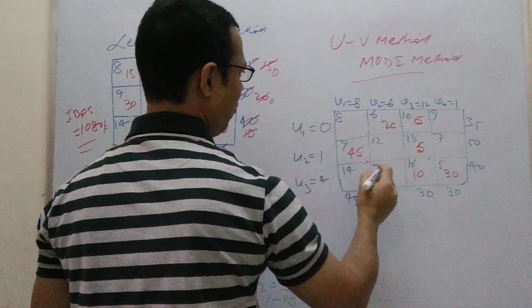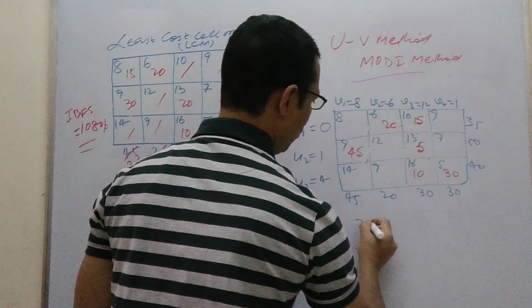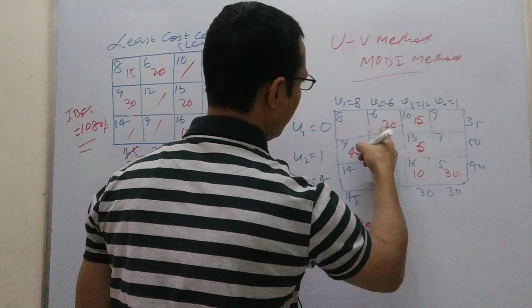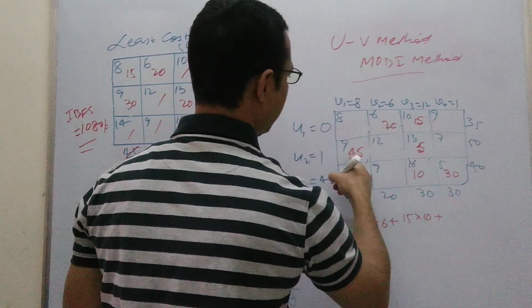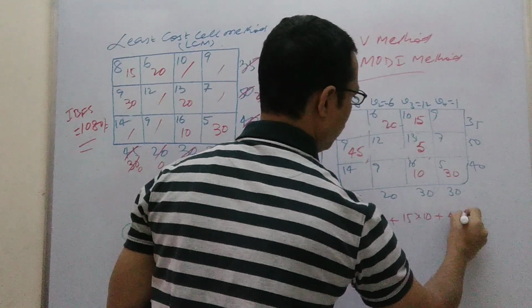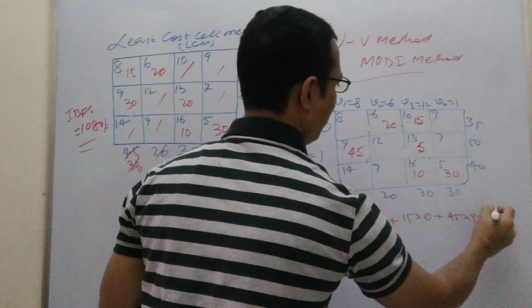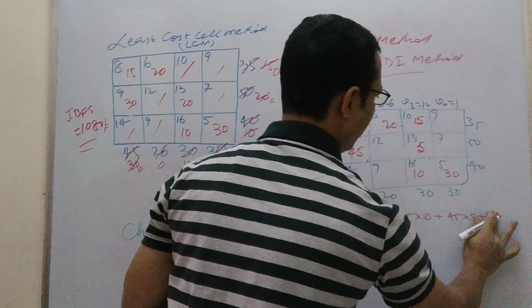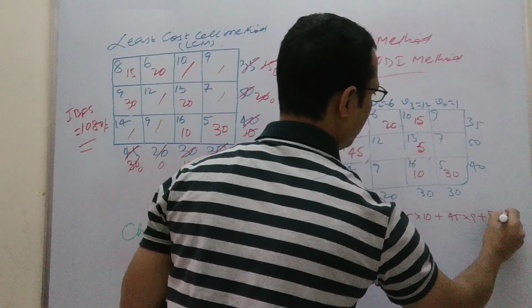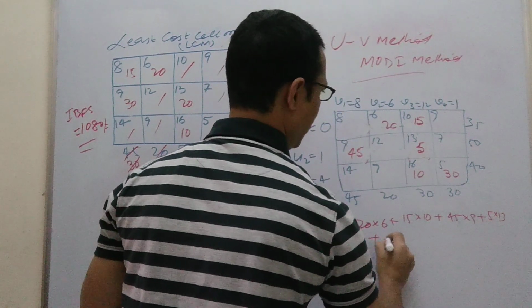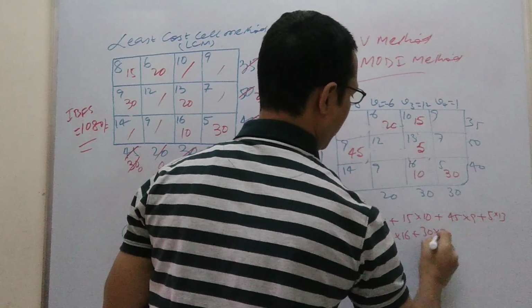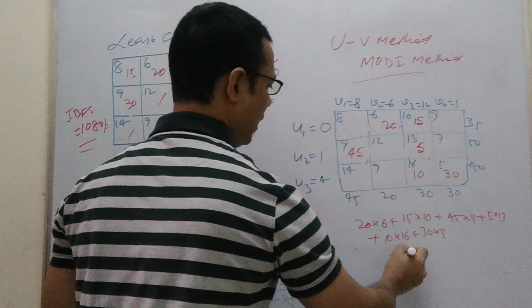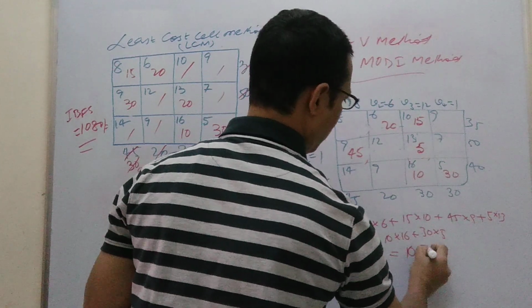Now you can check: 20 into 6 plus 15 into 10 plus 45 into 9 plus 5 into 13 plus 10 into 16 plus 30 into 5. If you solve this one, you will get 1050.